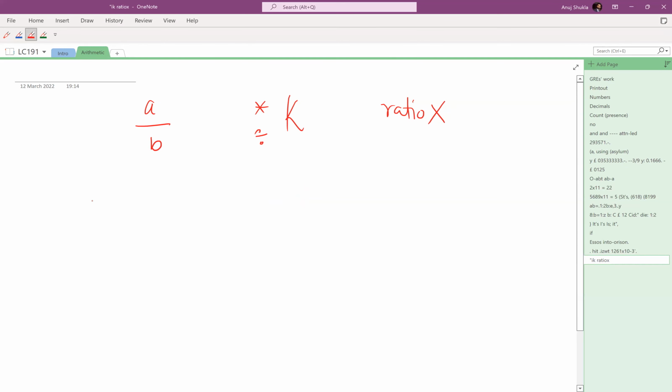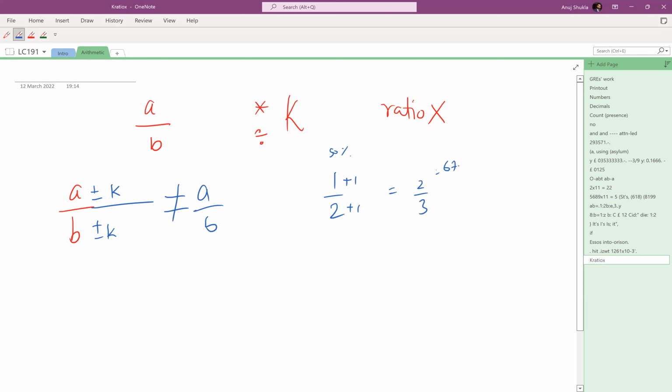And if any ratio is A by B and you add or subtract any number K, then the ratio will not be equal to A by B. Example: 1/2 is 50%. If you add 1, it becomes 2/3, which is 67%, and both are not equal.